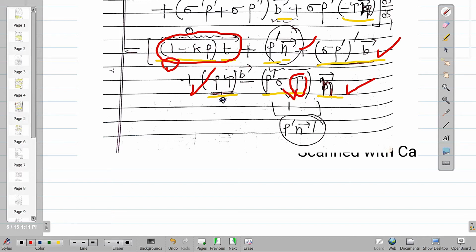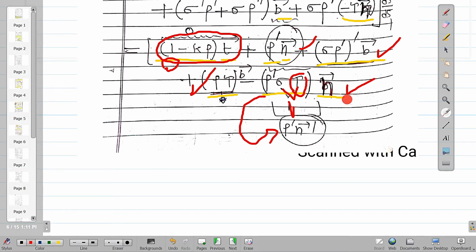So again this product is equal to 1. If this product is equal to 1, then this product will be rho dash into n vector. Clear? So we get this equation, this equation, this equation, this equation, and this equation.